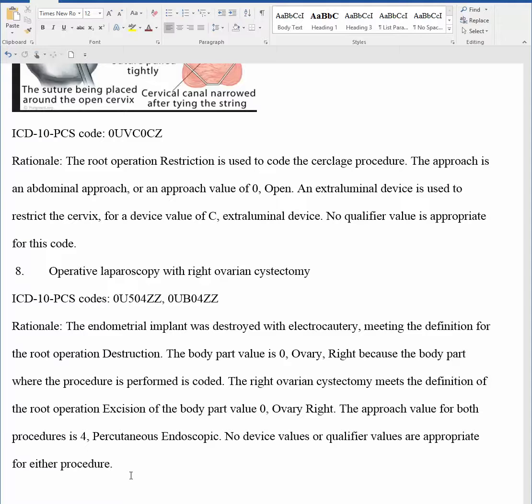Bilateral tubes appeared normal, uterus appeared normal, the rest of the pelvis appeared normal, upper abdominal survey appeared normal. So a bivalve speculum was placed in her vagina, so they're going via her normal anatomy.